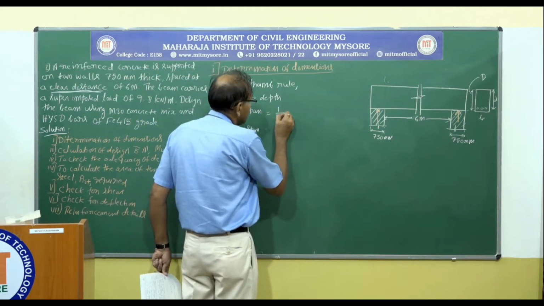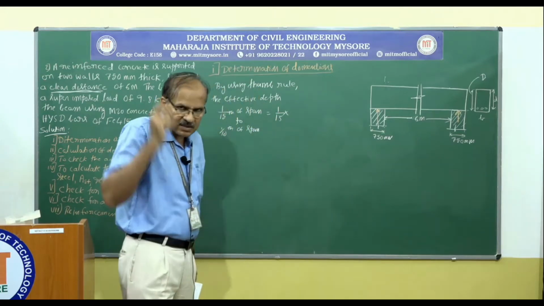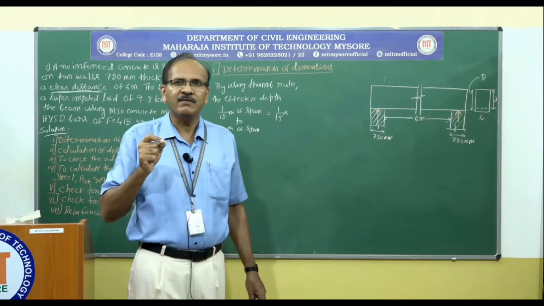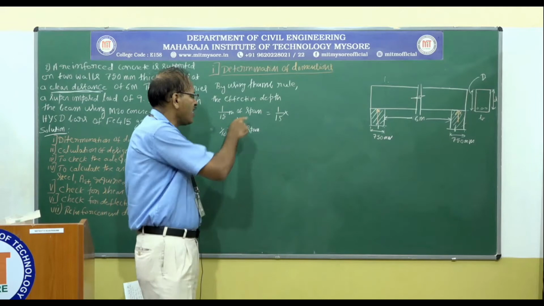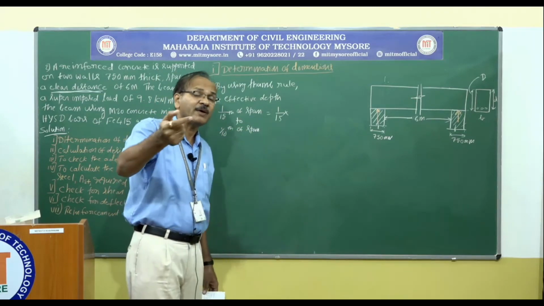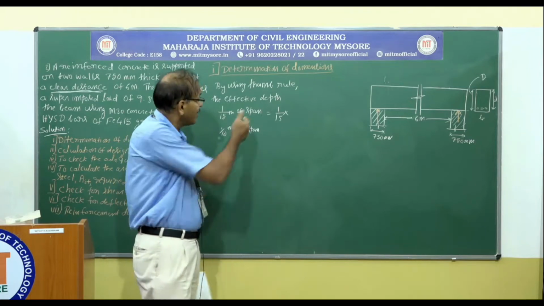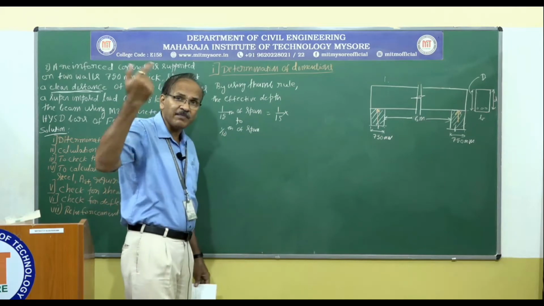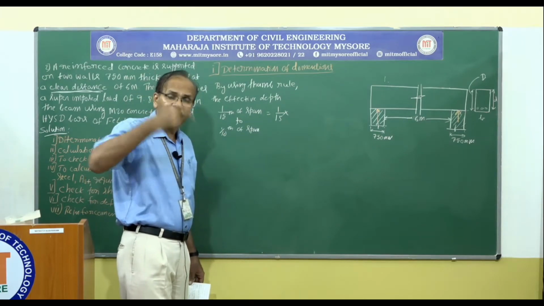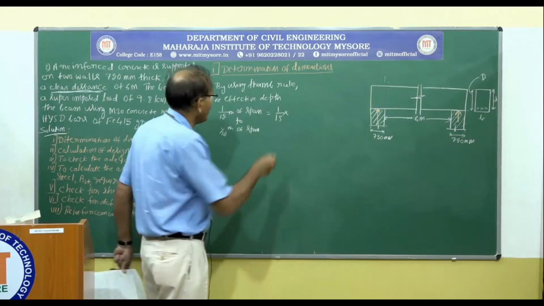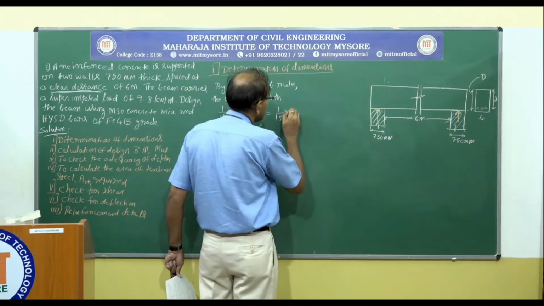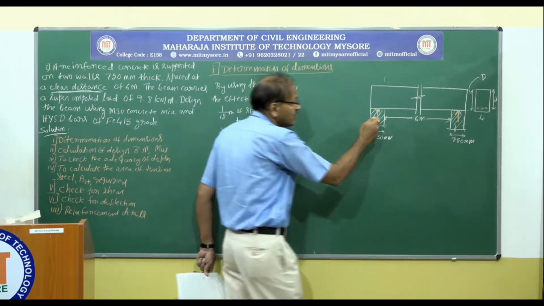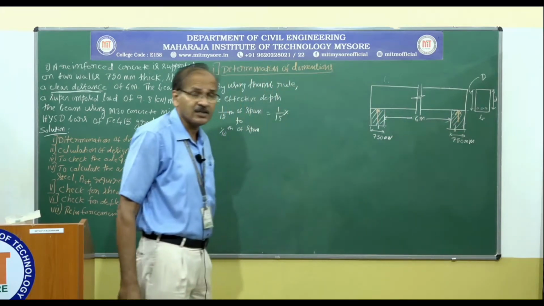So 1/15, see, when we use thumb rule, it is not necessary that we should always use effective span here. Sometimes we may use effective span, sometimes we may use clear span. So it's okay, because we are going to get two values and we can pick up a convenient depth between those two values. 1/15 of span, here 6 meter is the clear span. Even if you take effective span, that is, sorry, center to center distance of 6.75 meter, that is also fine.